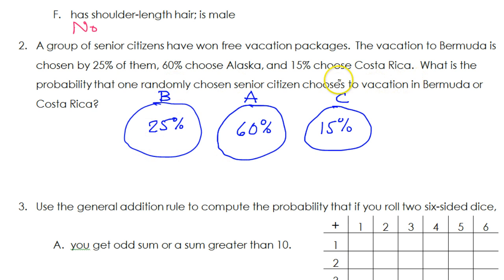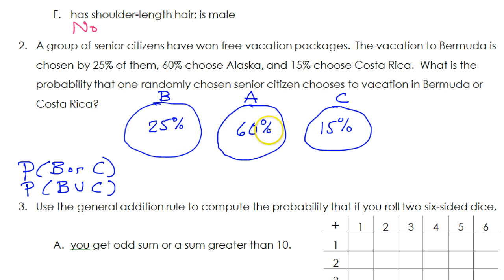Okay, if I want to know the probability that a randomly chosen senior citizen chooses Bermuda or Costa Rica, I'm talking about the probability of event B or event C. Another way I could have written that, meaning the same thing, is event B union event C. Both of these, or and union, mean the same thing.